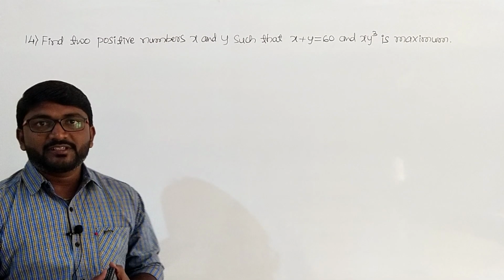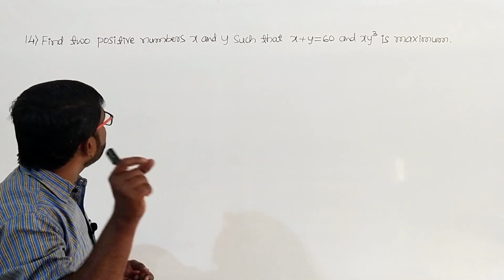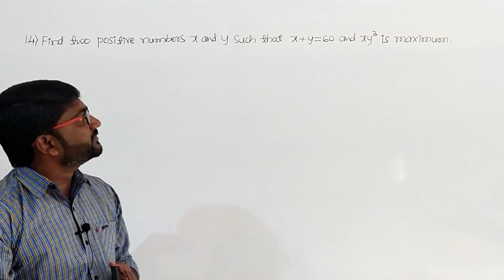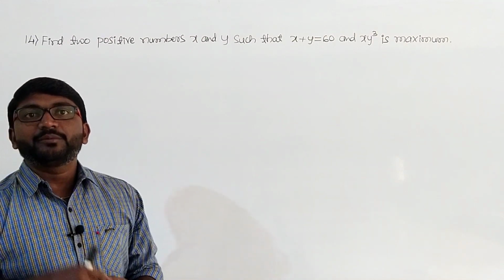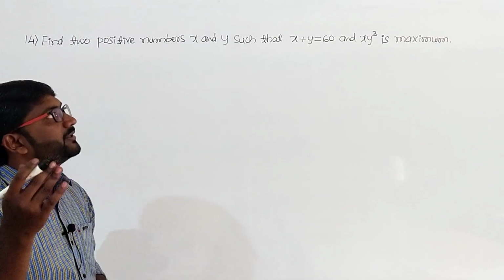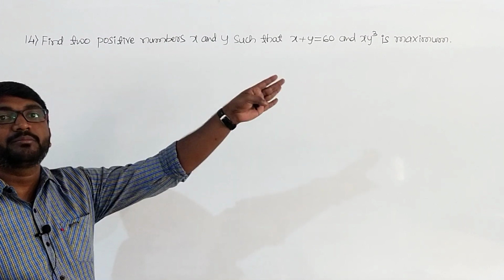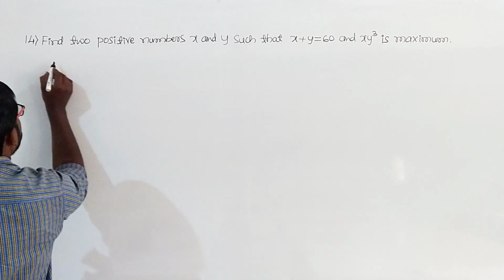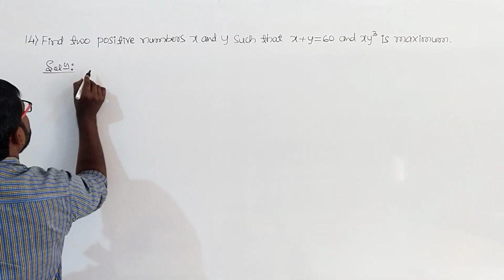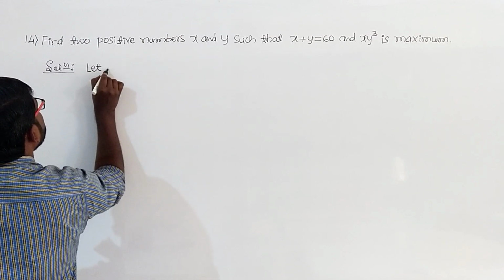Well, the 14th question is, find two positive numbers x and y such that x plus y equal to 60 and x into y cube is maximum. So here he has given the condition x plus y equal to 60, which means the sum of the two numbers is 60.